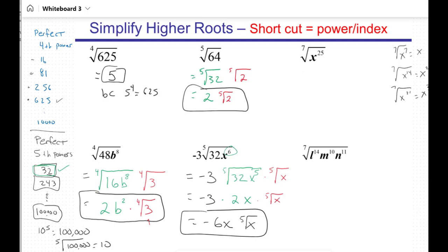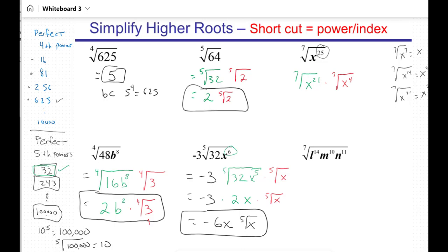Now 25 is too big. It's not 21. But we can separate the x's. So we're going to do a similar trick as we've been doing. We're going to take the seventh root of x to the 21 and factor it out and have a seventh root of x to the fourth left over.